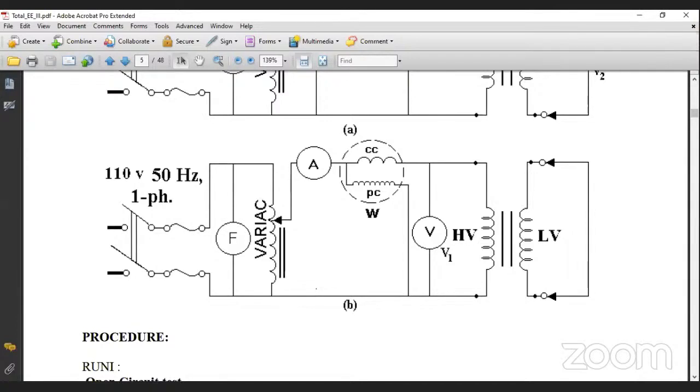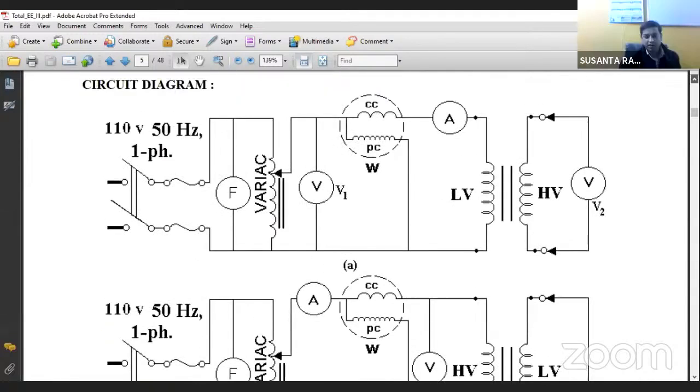V1 by IM upon tan phi 0 will give you the reactance. Okay, so that you will get the reactance value. I am asking the inductance, magnetizing inductance. By 2 pi f. So divide 2 pi f from it. Divided by 314. Isn't it? Okay.